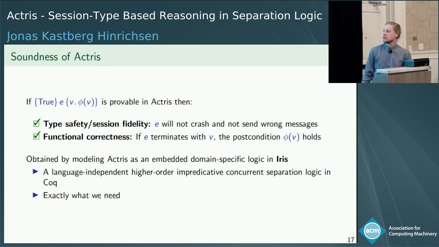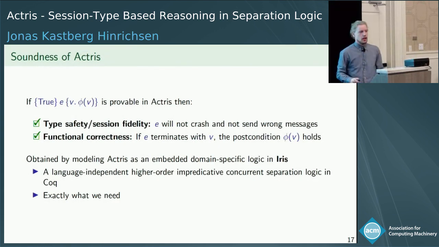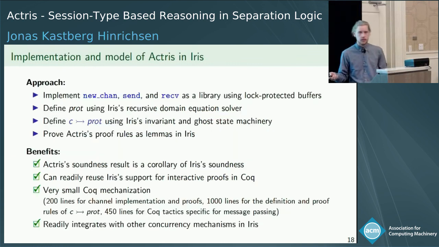Now, this soundness is obtained by modeling Actris directly on top of the Iris logical framework. Now, Iris, without going into all the nitty-gritty details, is a language-independent, higher-order, impredicative, concurrent separation logic that is in Coq. And all you need to know is that this is exactly what we need to create Actris.